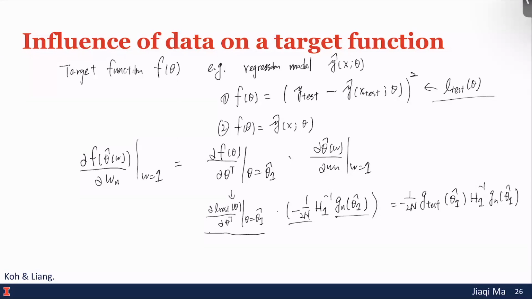So basically, when the target function is L test, then the influence of each individual data point on the loss function on the test point can be written as this formula, right.